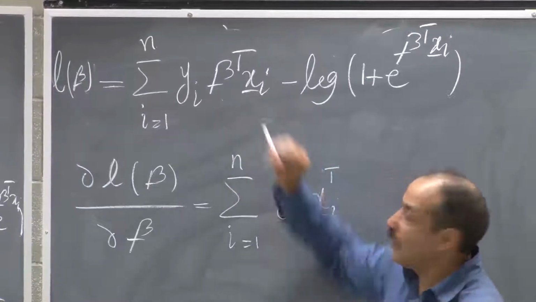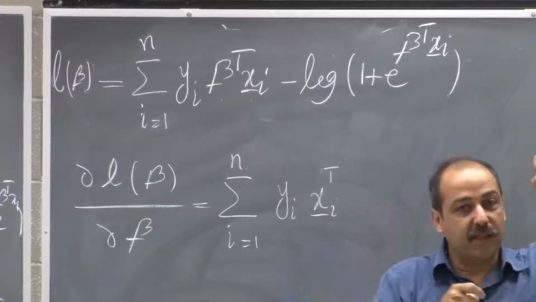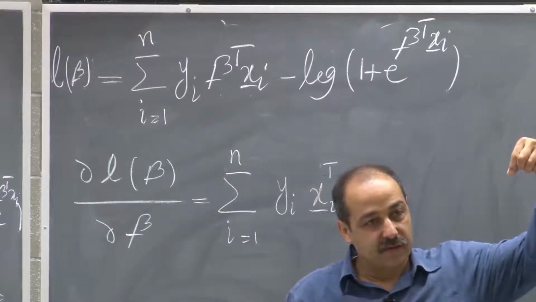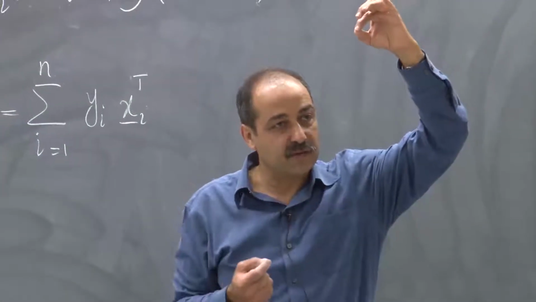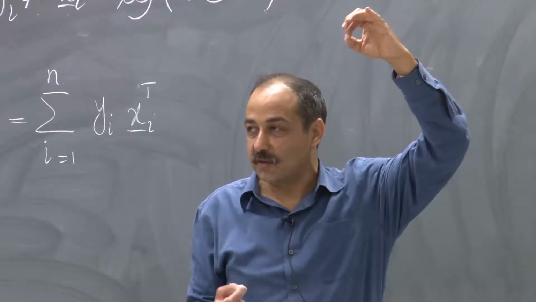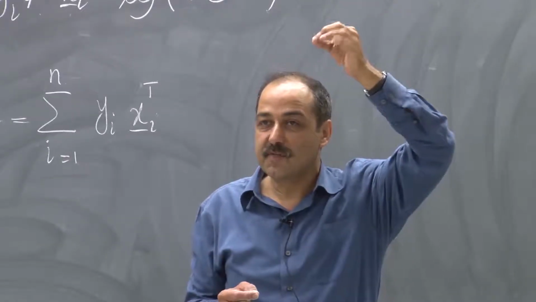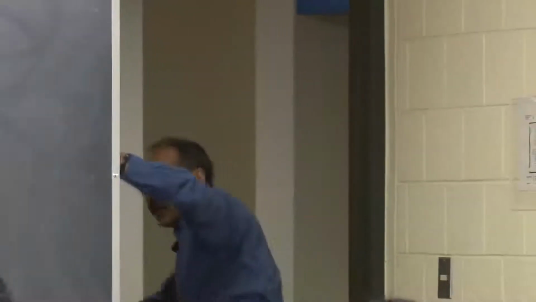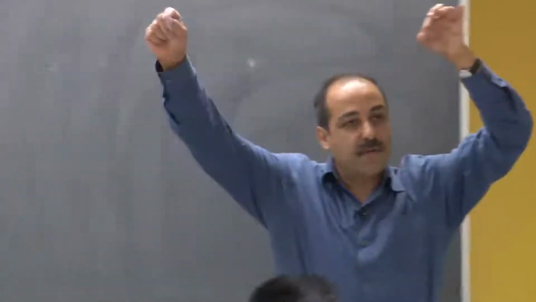See, beta transpose xi is a scalar, right? yi times beta transpose xi is a scalar. You take the derivative of a scalar with respect to a vector. Is it going to be a scalar or a vector? It's a vector, right? Because basically what derivative means is that if I perturb this vector, what's going to happen to this scalar? If I perturb any element of this vector, if it's d-dimensional, any of these d, what's going to happen to my scalar?